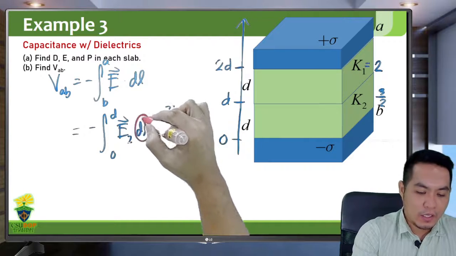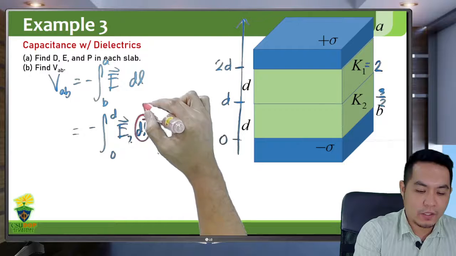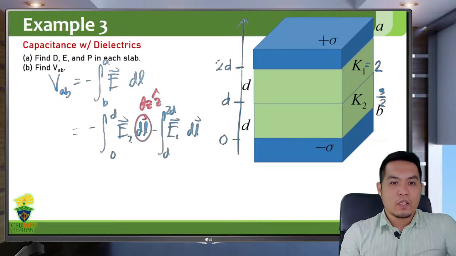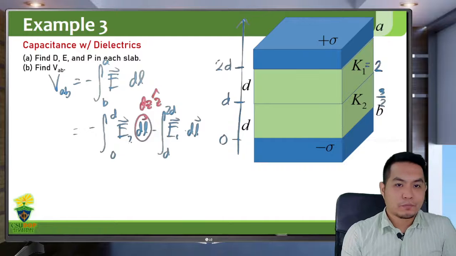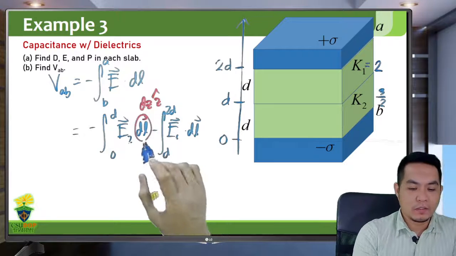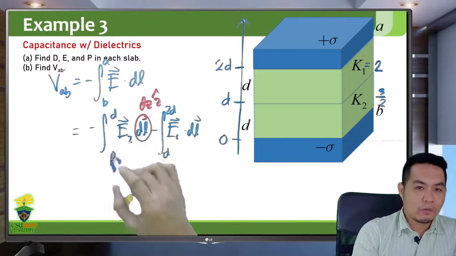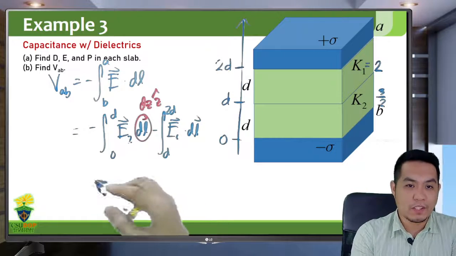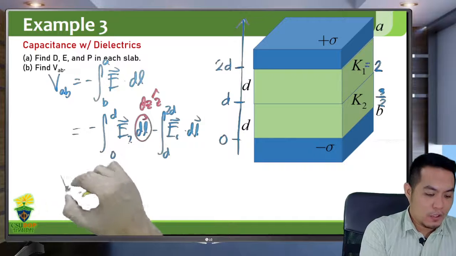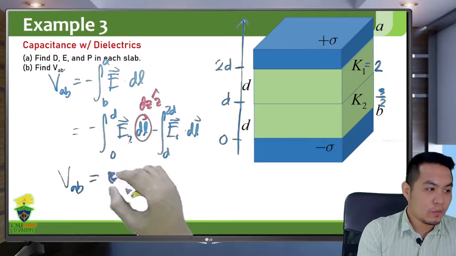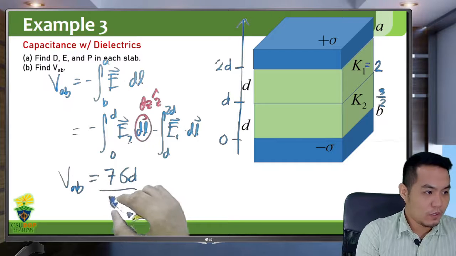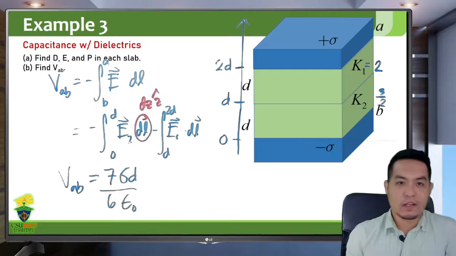The dl vector is just dz, z hat. So you use the value of the electric field, and you will just be left with the integral of dz, because the electric fields E1 and E2 don't depend on z. And you will get VAB is equal to 7 sigma d over 6 epsilon naught.